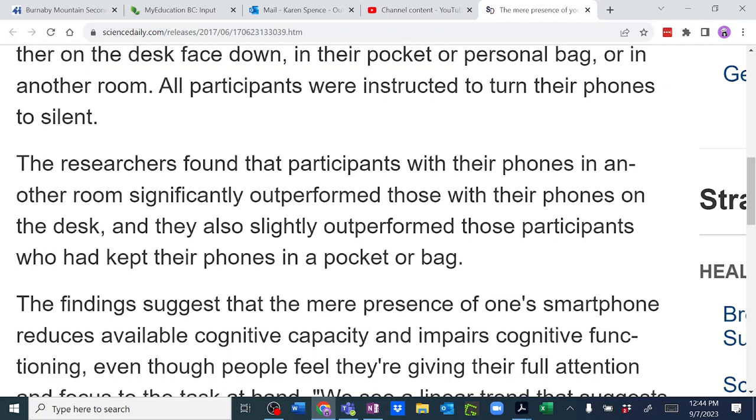I can't focus merely because he is in the same space, right? Because it just takes up processing space. He apparently does not have that same issue when I'm in the kitchen. He's like, that's fine. But my brain is very sensitive to people in my space. So it distracts me a whole lot. And apparently cell phones, if you can see them, will do the same thing to your brain.